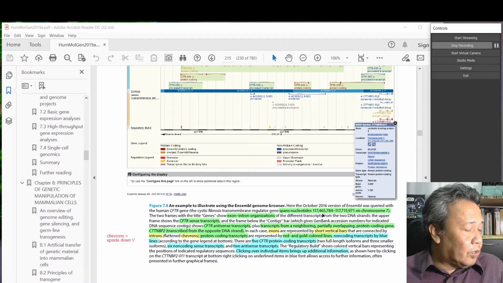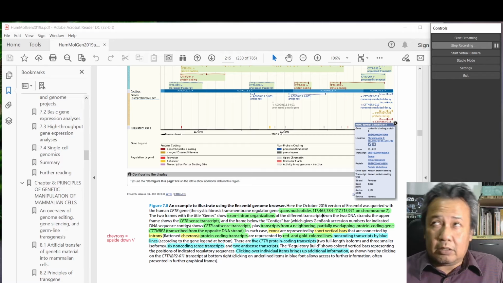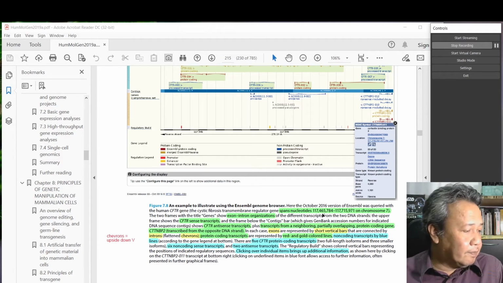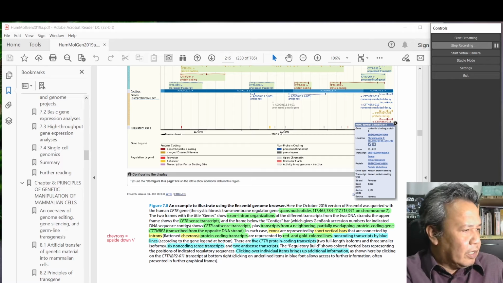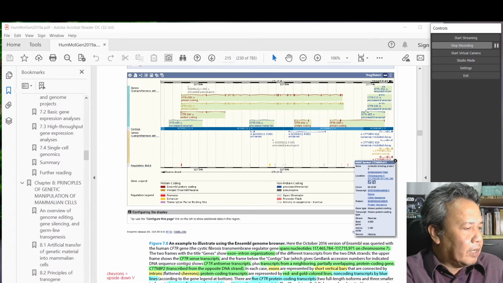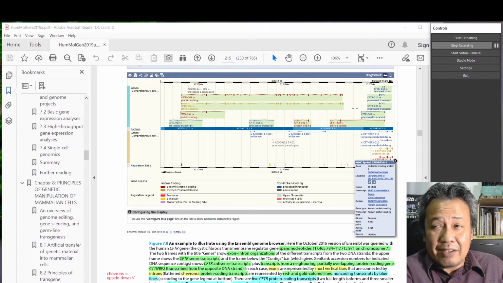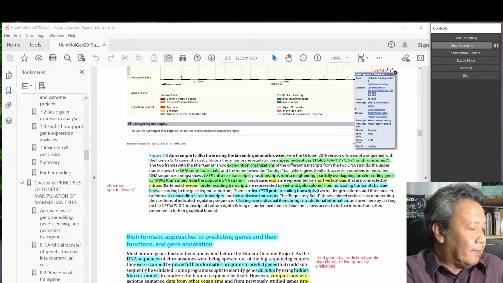It also shows the transcripts from neighboring or adjacent genes, partially overlapping protein coding genes, the CTTNBP2 transcribed from the opposite DNA strand. So it is referring to this right end here. It says the transcript actually overlaps with the CFTR coding sequence on the other strand.